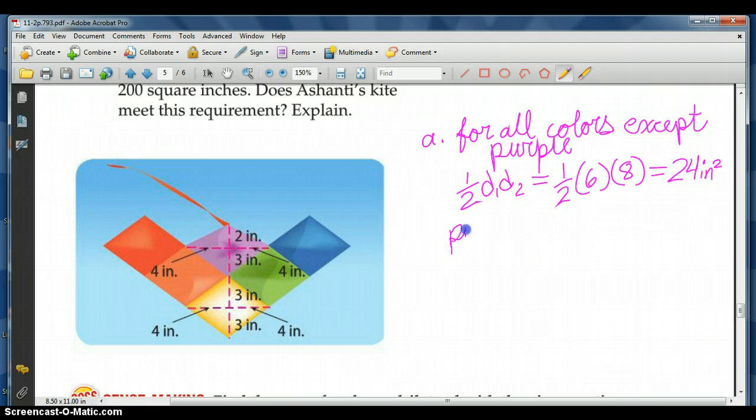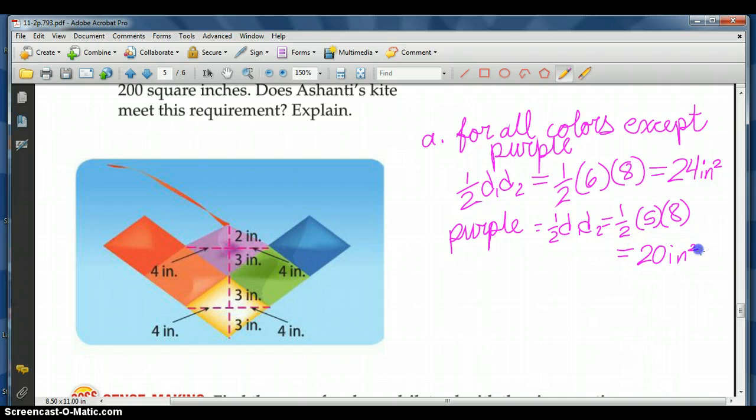The purple would be a kite with a diagonal 1 of 5 and diagonal 2 of 8. But it's still the same formula, half of diagonal 1 times diagonal 2. Only this time half of 5 times 8, which is equal to 20 square inches.